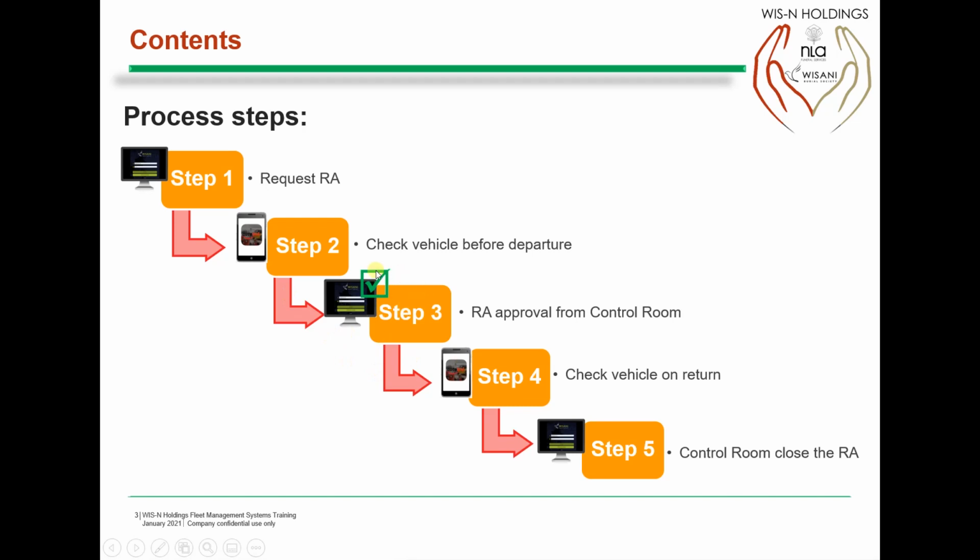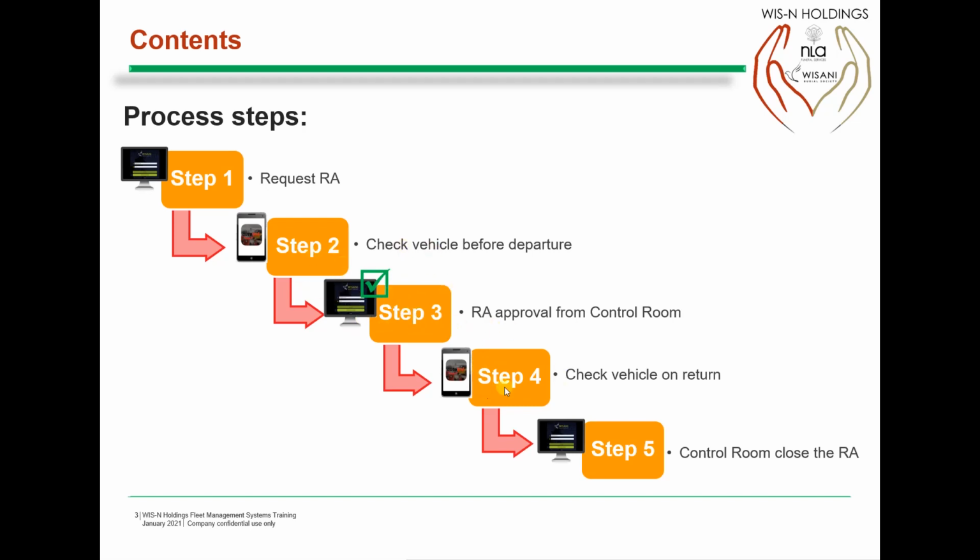Now, this is at step 3 where you start to get involved. The first thing that you need to do before you can approve the root authorization request from the branches is to check on the Autobid system if they did the check on the Autobid app, because only once they have done that check can you authorize or approve that root authorization request.